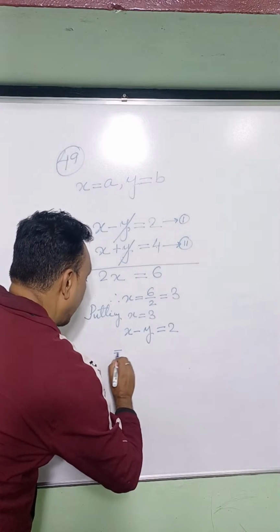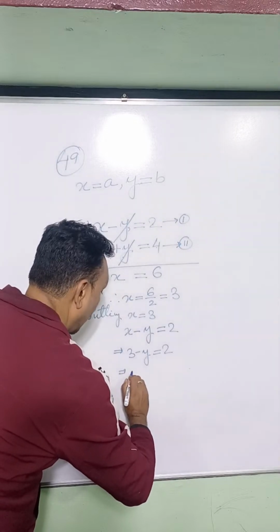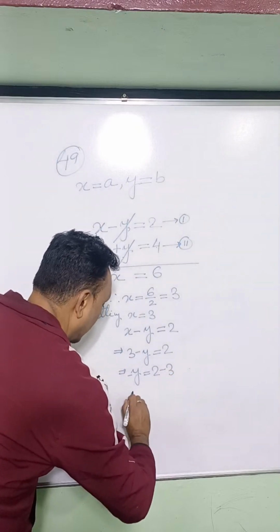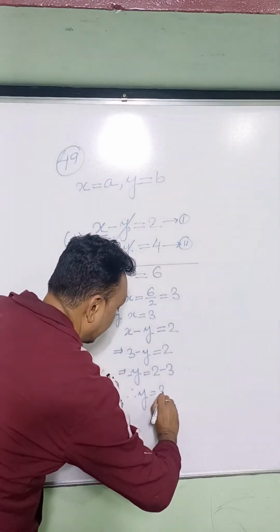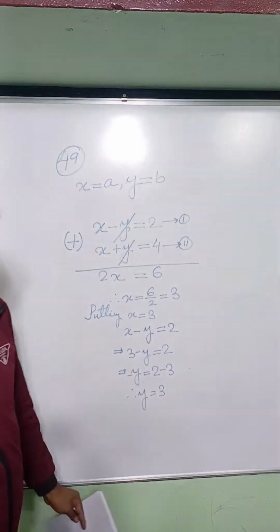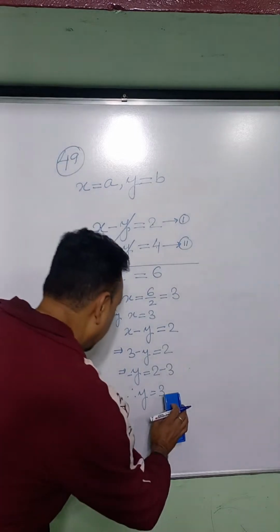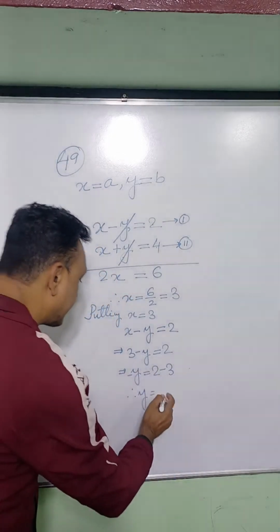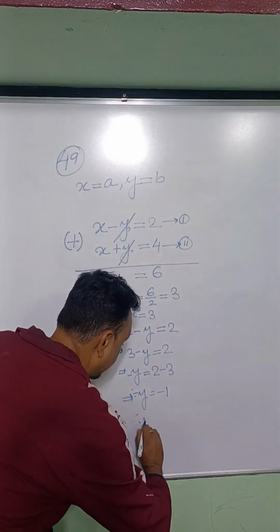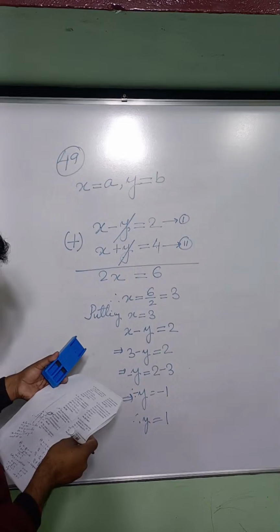Now put the value of x equal to 3: 3 minus y equals 2. Then minus y equals 2 minus 3. 2 minus 3 is minus 1, so the minus sign is there. Therefore y is equal to 1.